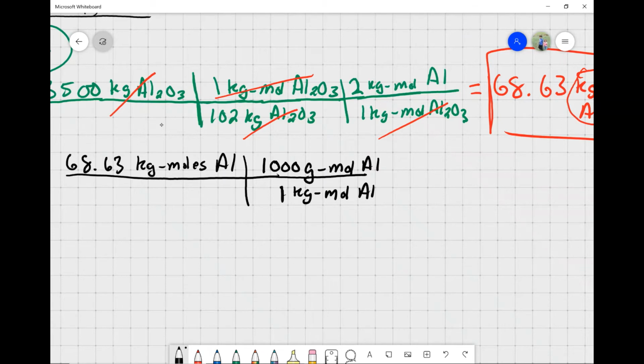Kilogram moles of aluminum is going to cancel. We see our 1,000 factor between grams and kilograms, so it kind of makes sense.